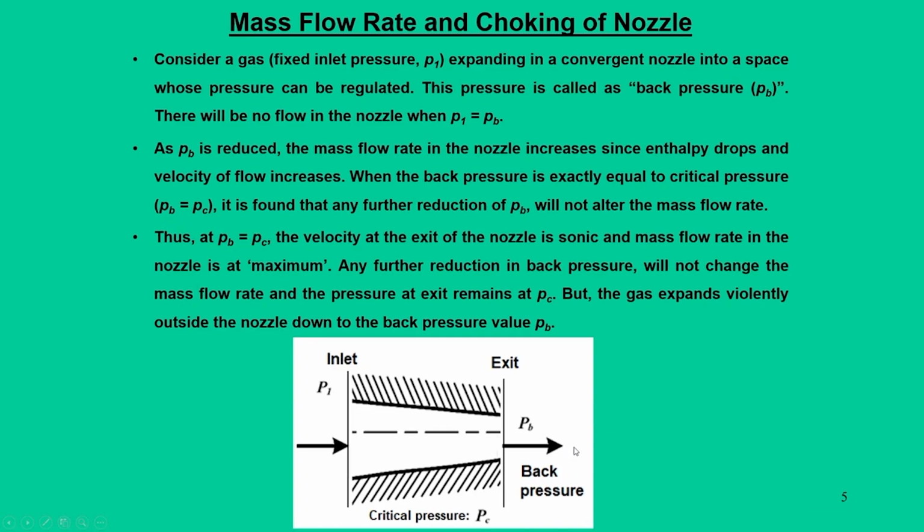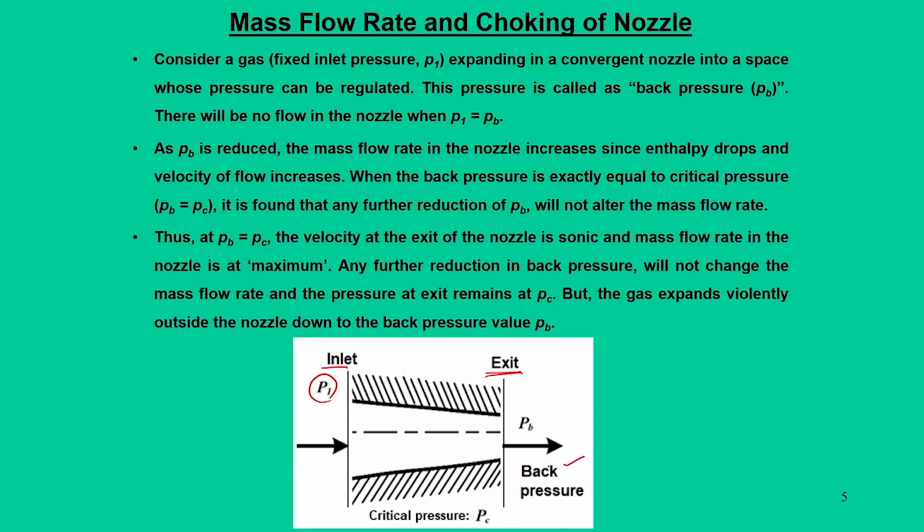Only when you are looking at convergent nozzles, we have some inlet state and the exit state. The initial pressure is P1, that means the nozzle is operating between two thermodynamic states: one is P1, the other is the pressure we call the back pressure.